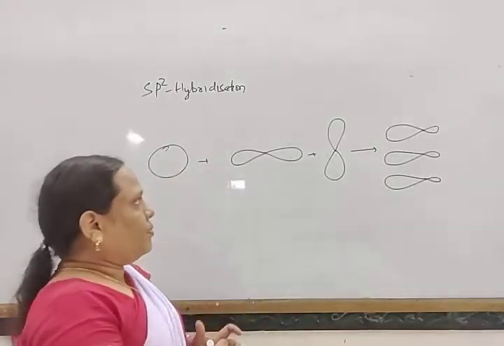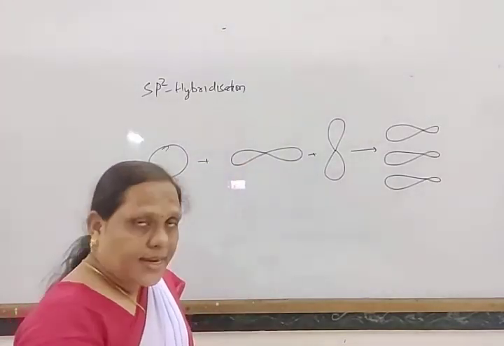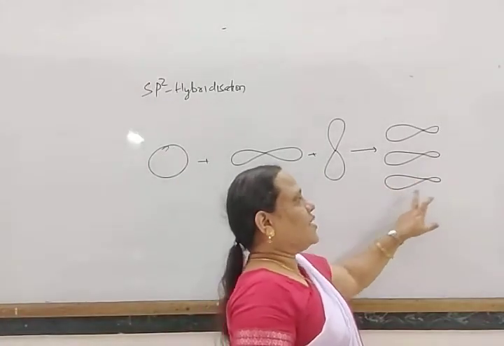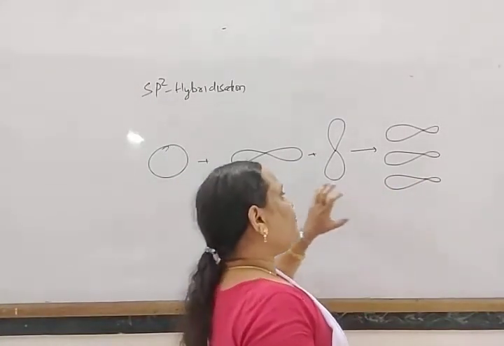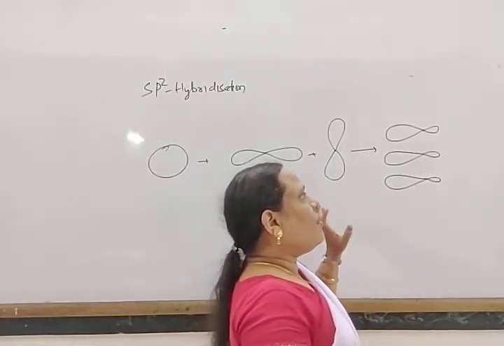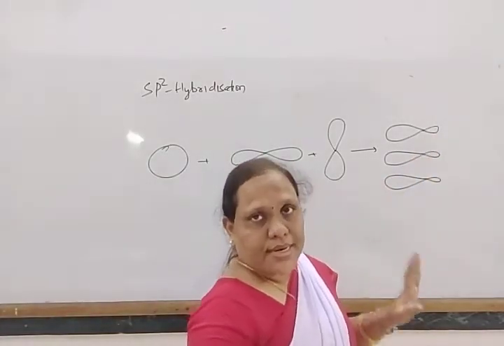In a p orbital both lobes are equal, but when it gets intermixed and gives rise to a hybrid orbital, one lobe is larger and the other lobe is smaller. And when we represent the molecules, for convenience the smaller lobes are generally omitted.